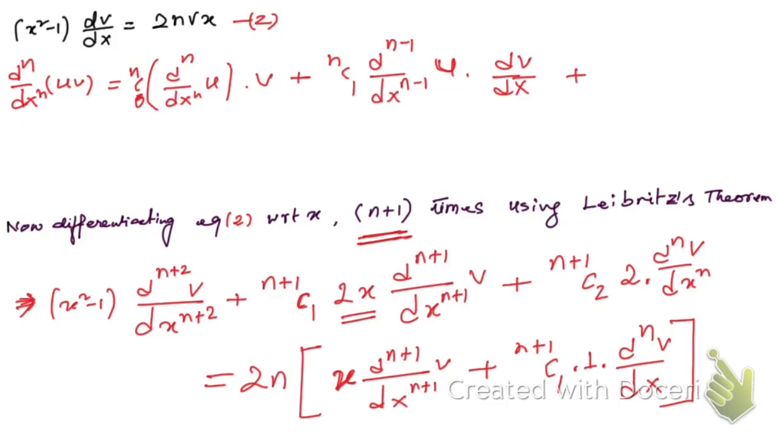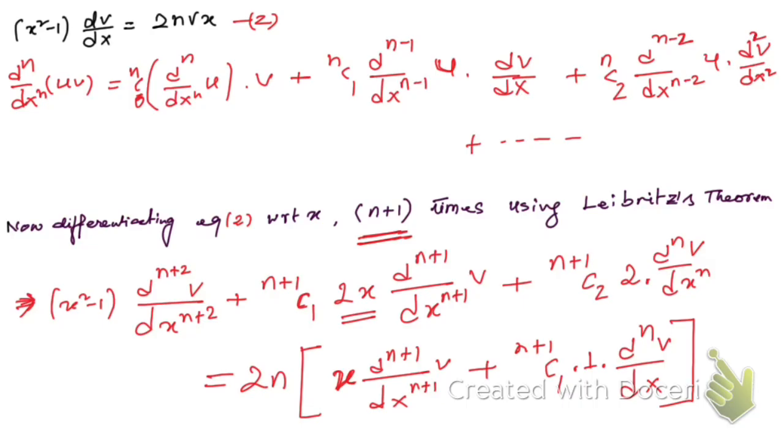Then in the next term, the order of the derivative of u will be reduced, and the order of the derivative of v will be raised by 1 in each and every step. So nC2, now n minus 2 is the order of the derivative of u with respect to x. Then raise the order of the derivative of v by 1 again, that is the second order derivative. That's how we continue.